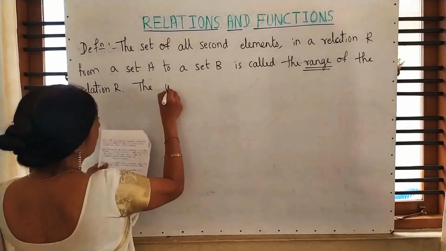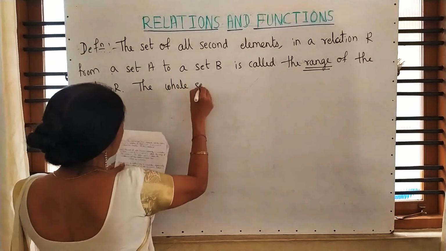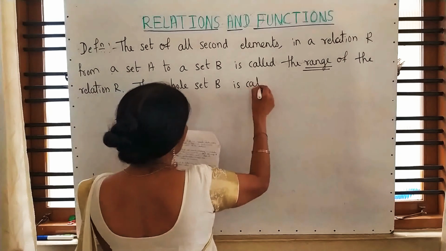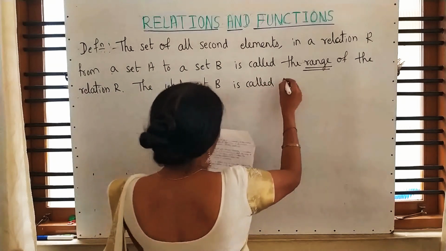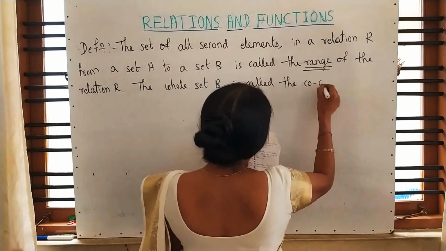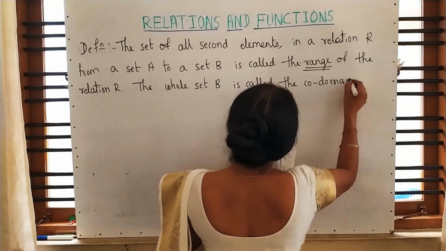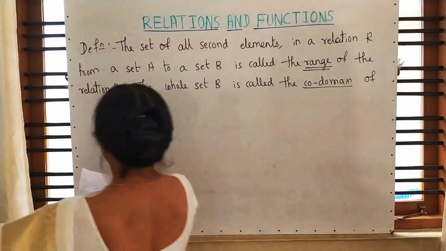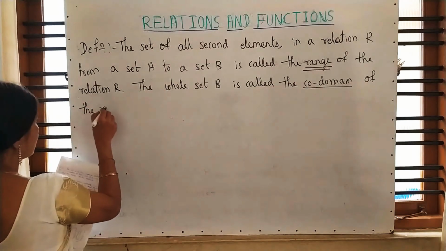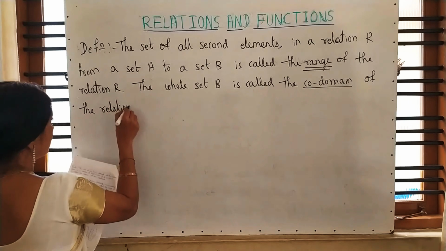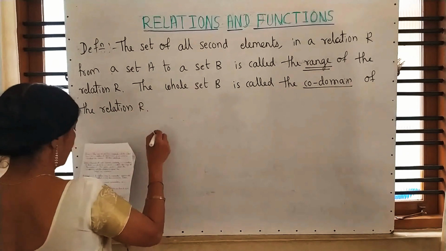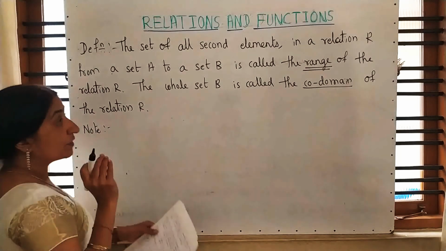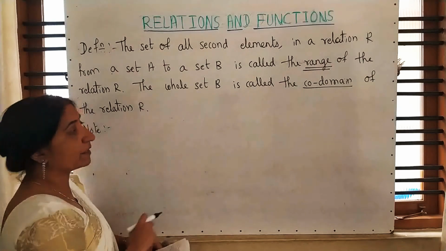The whole set B is called the codomain. See, everything I will explain in the next example. Codomain of the relation R. That means in the second set, only those elements which are connected are called the range.